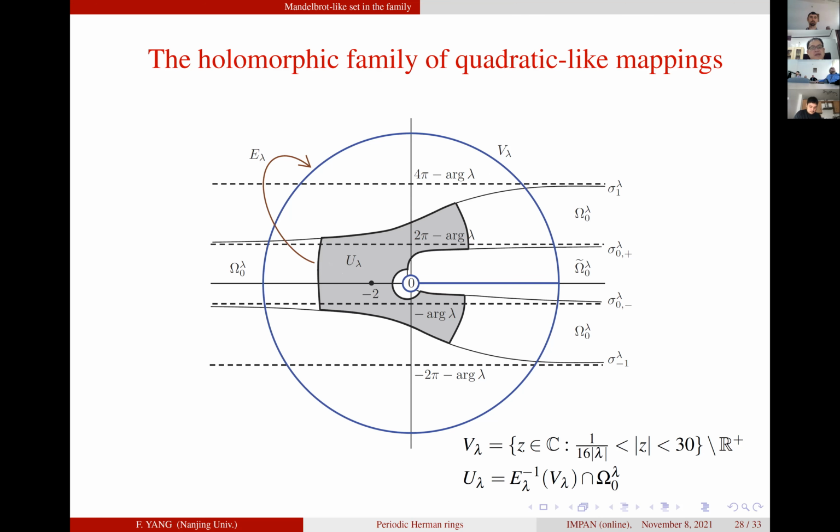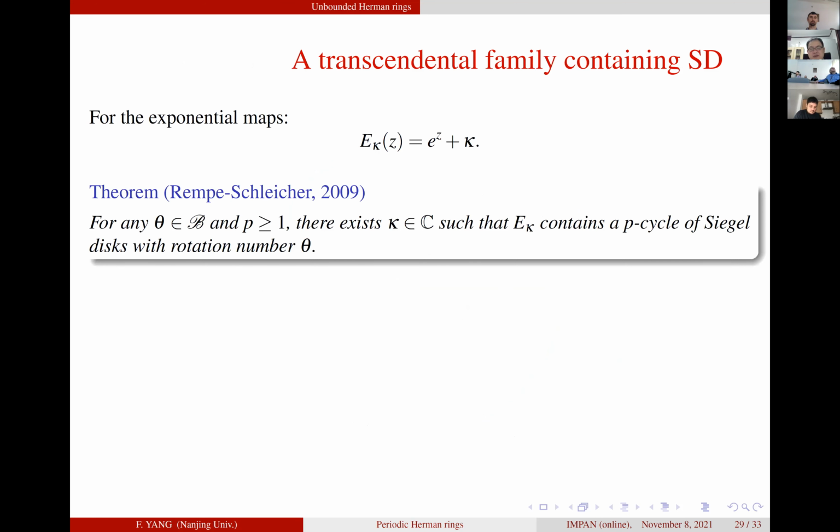From this result, we know we can obtain a family of transcendental meromorphic functions with p-periodic Herman rings of any given rotation number in Bernoulli type.